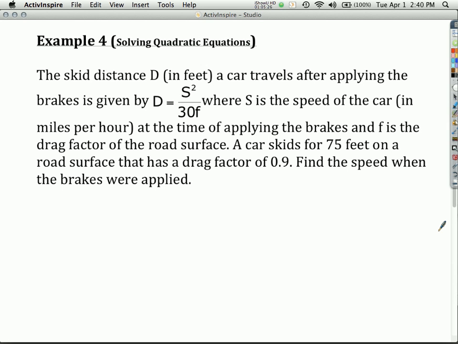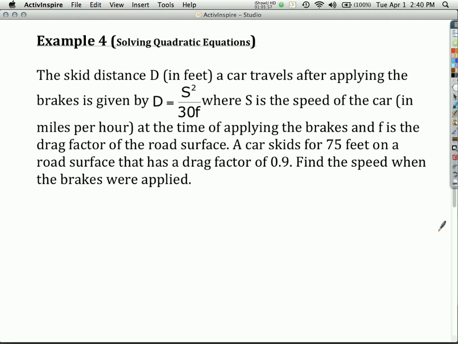Now, at this point in our world, they probably have a tablet with computer programs and models on it already where they can just take some measurements, plug it in. But someone had to actually write the program with this formula in it to make it work. So this formula is used to figure out either the speed or like the drag factor. Can figure out a number of different things from a scenario.